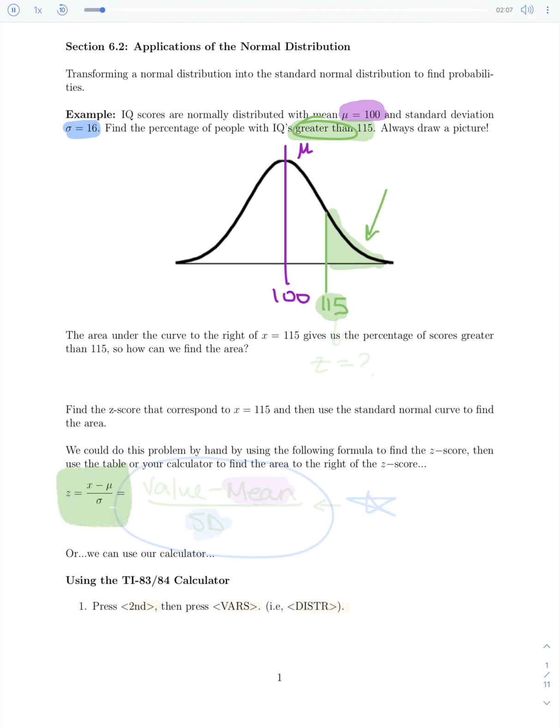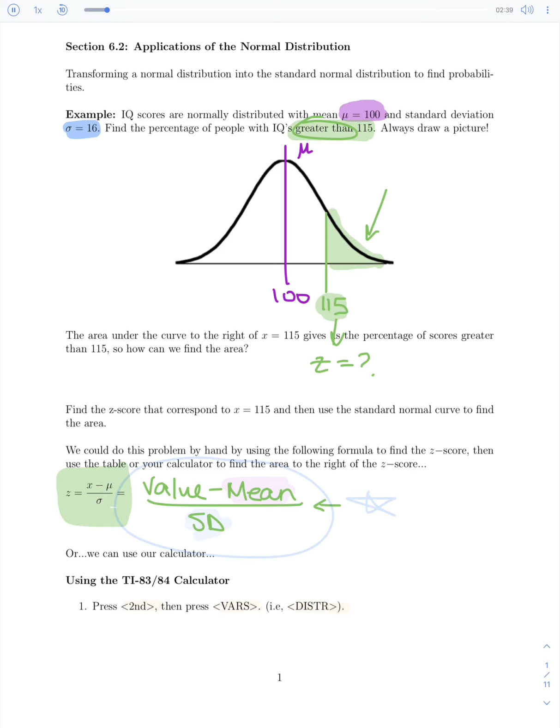Remember that this formula says to take your value, whatever it is, subtract the mean, and divide by the standard deviation. And then you would just have this value as a z-value. And then you could use your normal CDF the exact way we did before if you convert it to a z-value first. However, why do that when the calculator will go ahead and do the conversion for us?